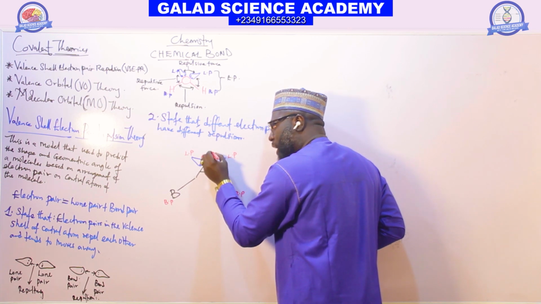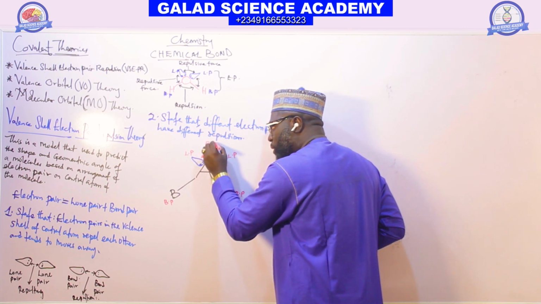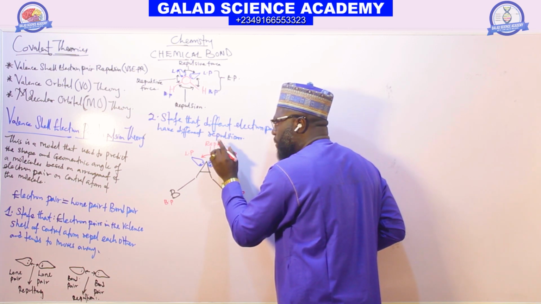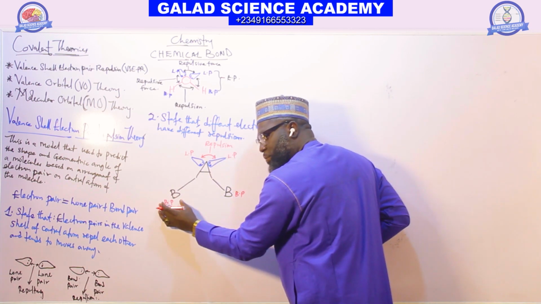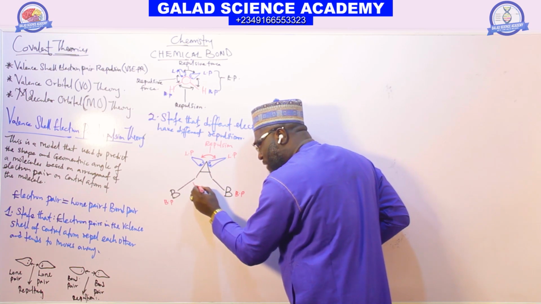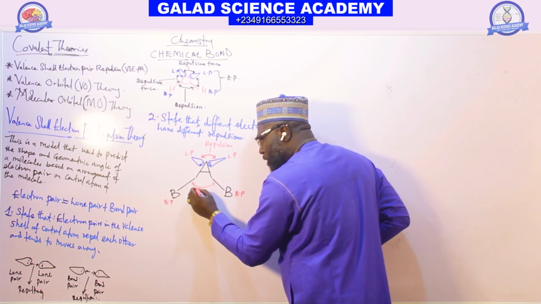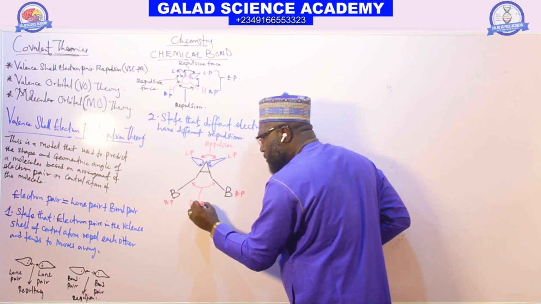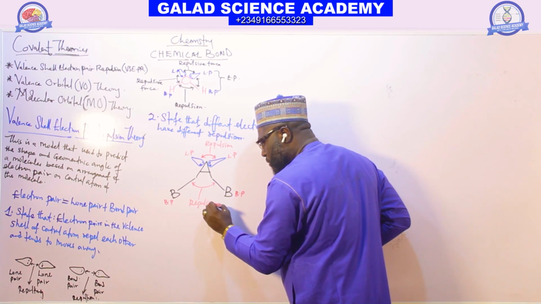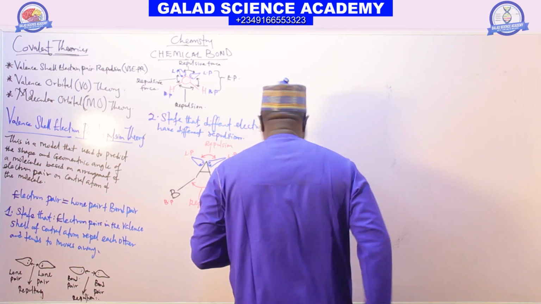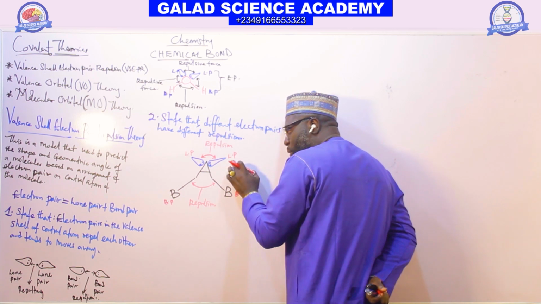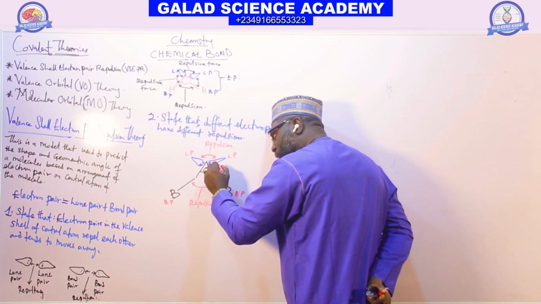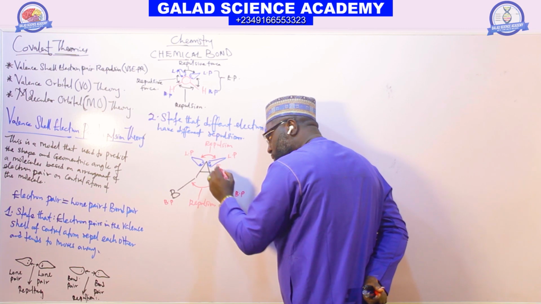Between this bond pair and this bond pair, we also have another repulsion. And between LP and BP, lone pair and bond pair, we also have another repulsion.